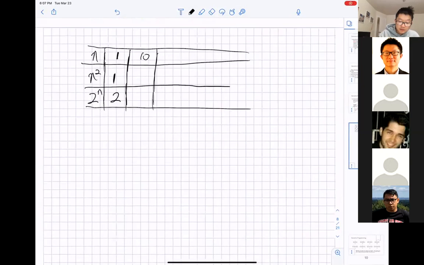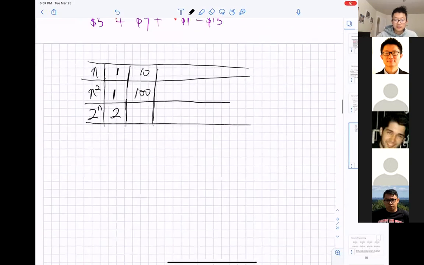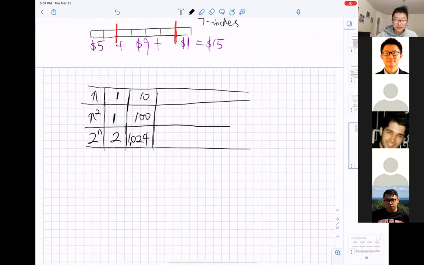And 2 to the 10th is 1024, so around 1K, 1000.